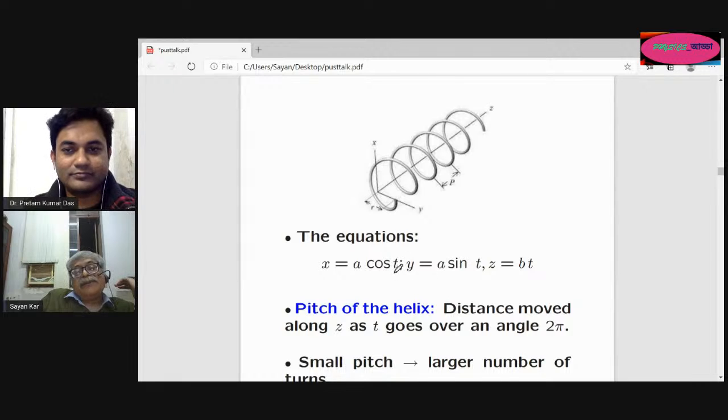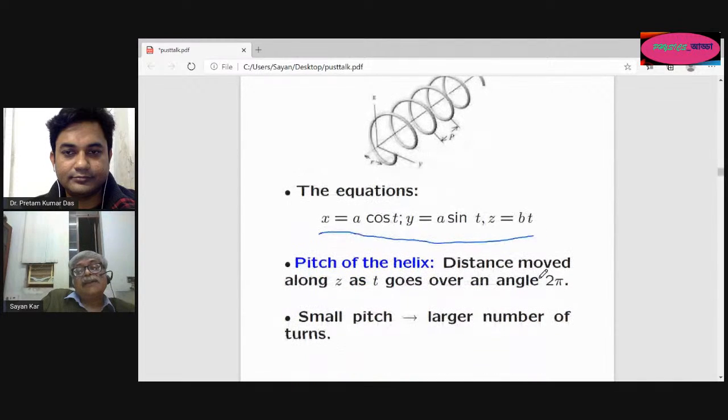And t is a parameter, and you have to write x, y, and z such that you can draw a curve in three-dimensional space, given by this curve that you can see over here, which is a representation of the helix in mathematical terms. And that's the equation that you can write down for x, y, and z, and that is going to give you the helical spring in mathematical terms.